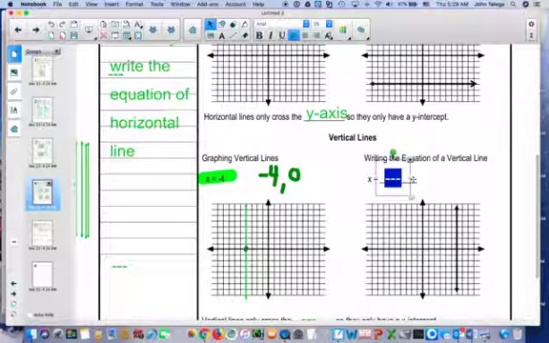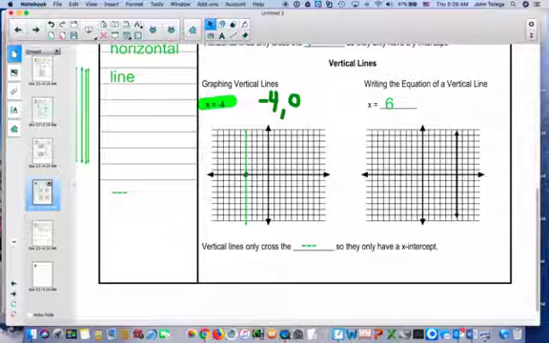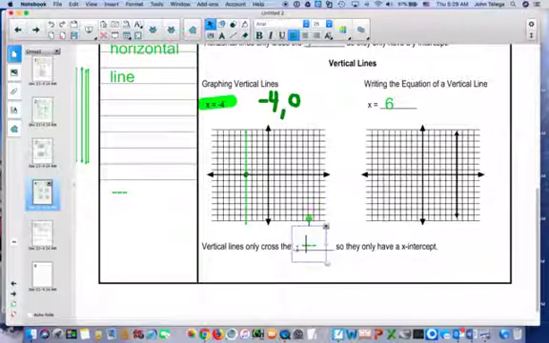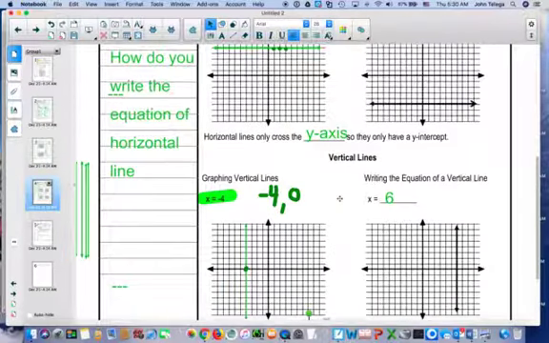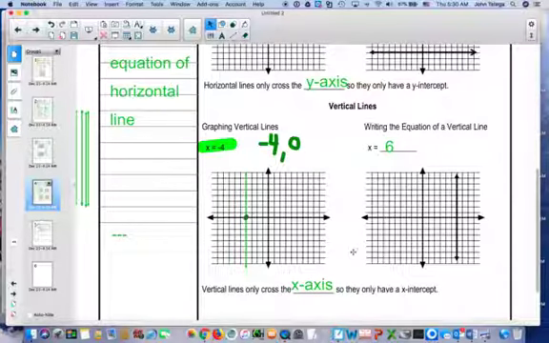That means the x-intercept is 6. So again, just like in the other case, vertical lines only cross the x-axis, so they only have an x-intercept. The first was y, here it's x. Okay? So graphing them is pretty simple.